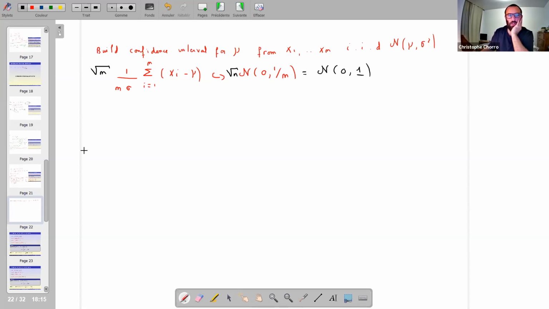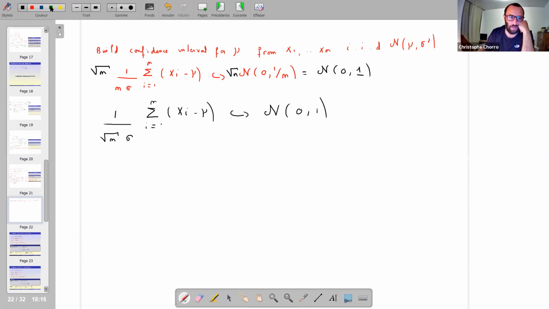So I have the fact that (1 over the square root of n sigma) times the sum for i equal to 1 to n of (Xi minus mu) follows N(0,1).